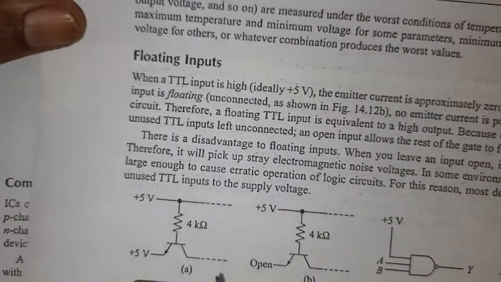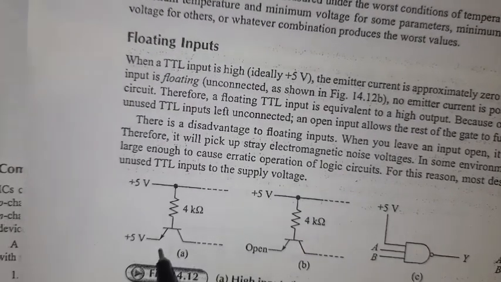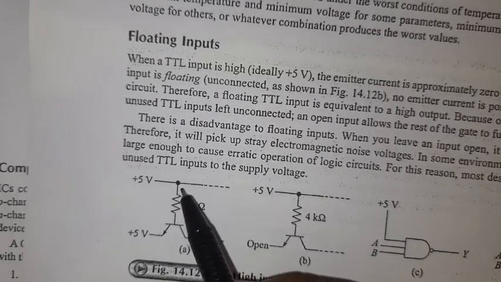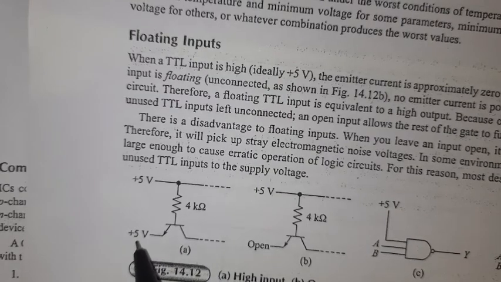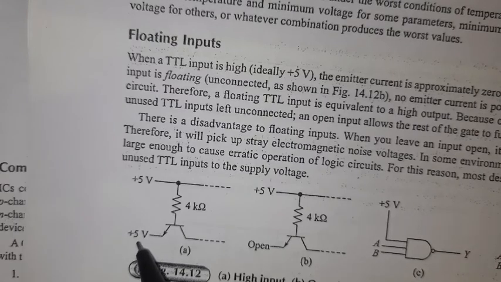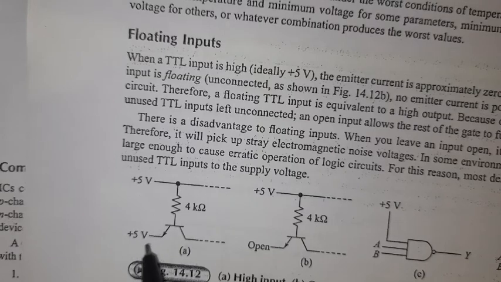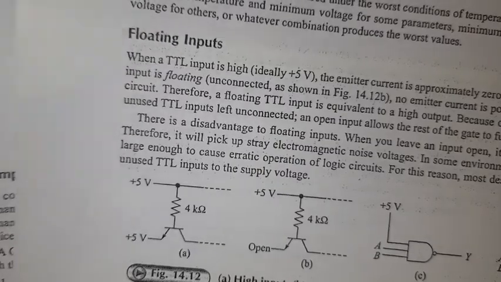When the input of a TTL device is floating, because it is an emitter, there will not be current from the base of the transistor to the emitter, and the floating input will be treated as a high input. That means though we are not connecting anything to the input, it is treated as high. This is a speciality of the TTL device.